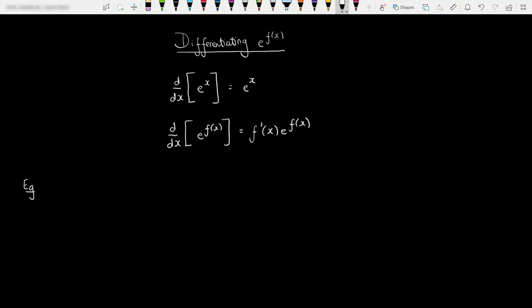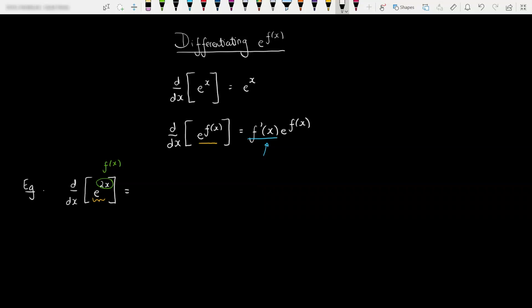For example, let's say we're asked to differentiate e to the power of 2x. This is of the form e to the power of f of x, so we just have to identify what f of x is. In this case, f of x is 2x. According to the rule, we need to differentiate this f of x value, which gives us f prime of x. If we differentiate 2x, we're going to get 2.